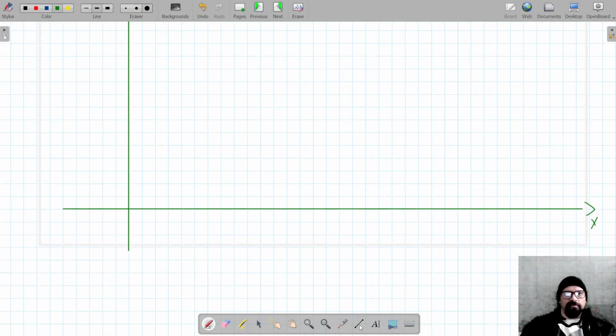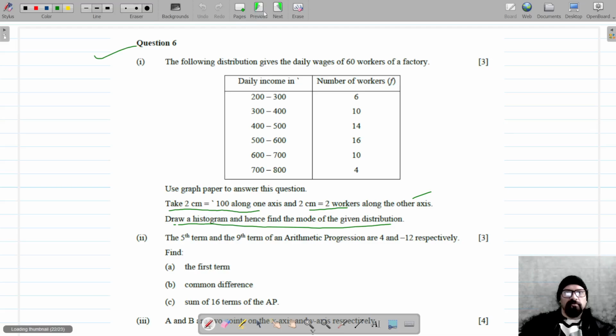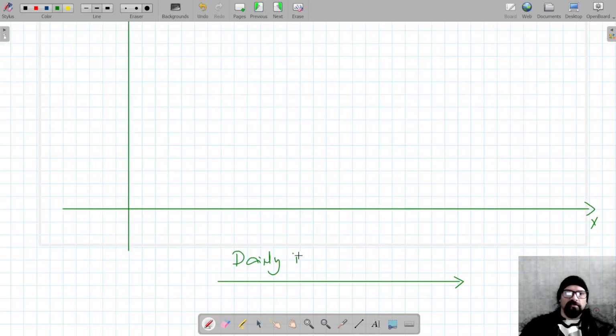And daily income in rupees is going to be considered along the x-axis. So that means the class intervals. This was daily income in rupees. This is 0, and I'm going to consider this as 2 centimeters.